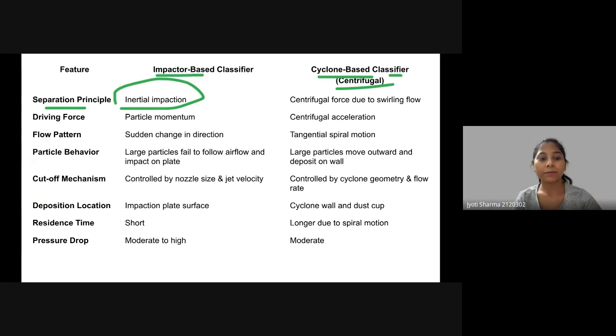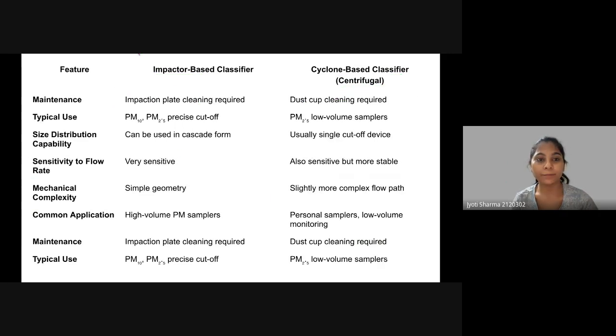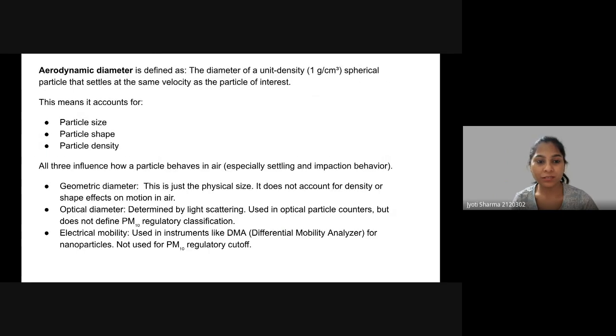Taking advantage of this inertial impaction, we can classify the particulate matter. Here we use centrifugal force, and we will talk about this ahead, but you just need to know about these types of classifiers.